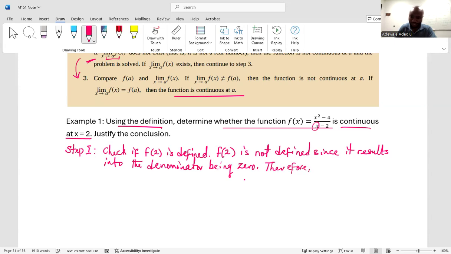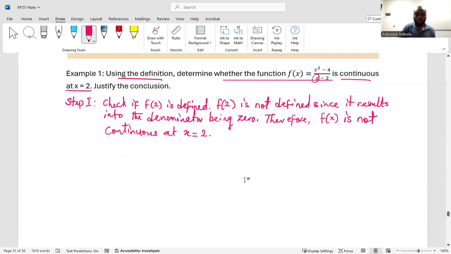Therefore, f of x, that is the function itself now, is not continuous at x equals 2. So you've given the reason. Since f of 2 is not defined, then our conclusion is that that function is not continuous at x equals 2.